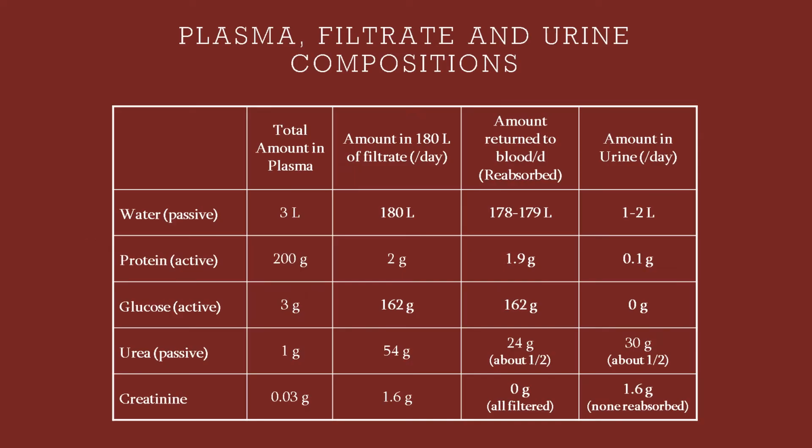So you don't need to memorize this or anything, but this table shows us the comparison of the amounts of substances that are filtered, reabsorbed, and secreted. So here we have filtered in the second column, reabsorbed in the third column, and then secreted in the last column.